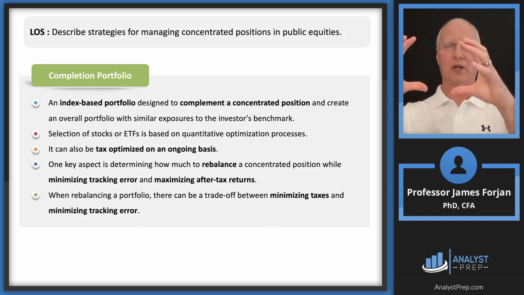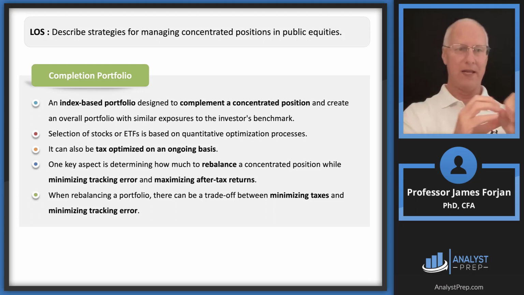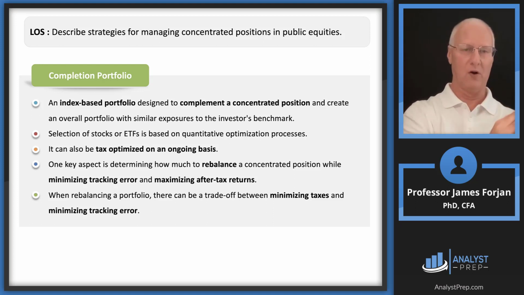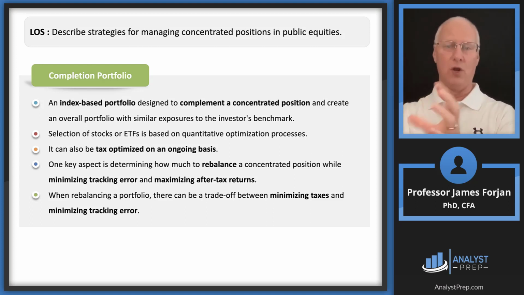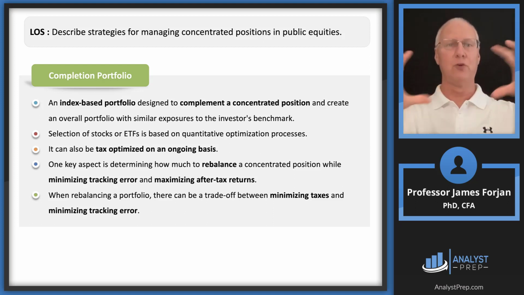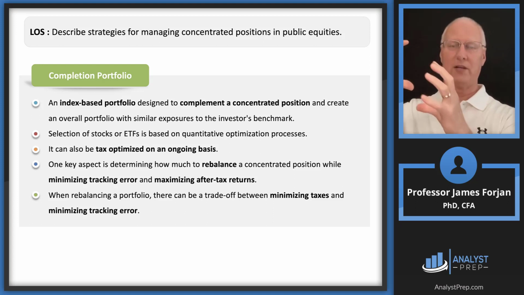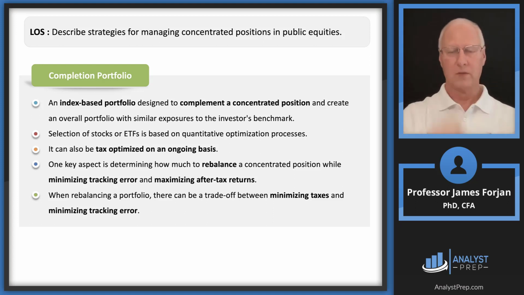So think about this, here's the concentrated position, and then here's our little index portfolio. Over time, that index portfolio grows, and who knows what the concentrated position does. Maybe it grows, maybe it shrinks, but then you have these two circles instead of one giant circle and one tiny circle.